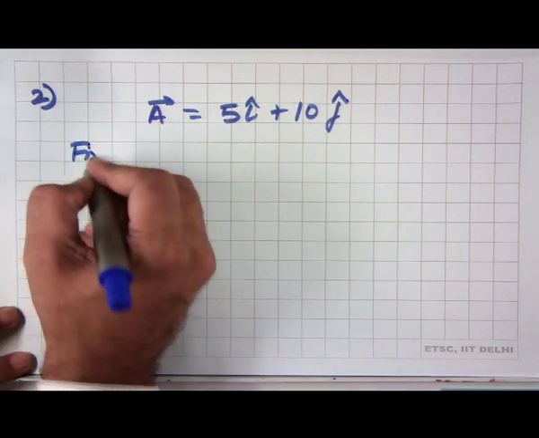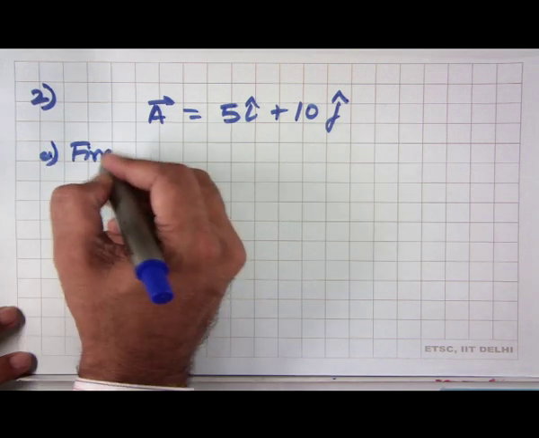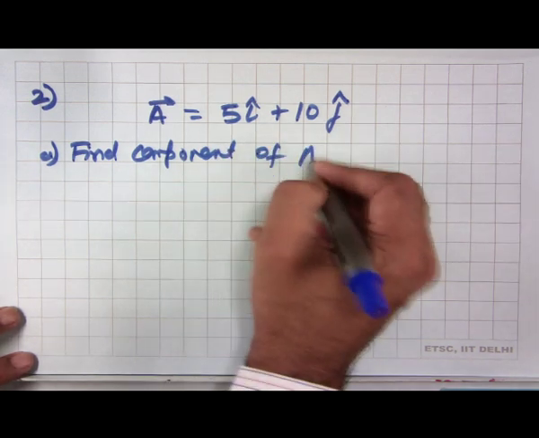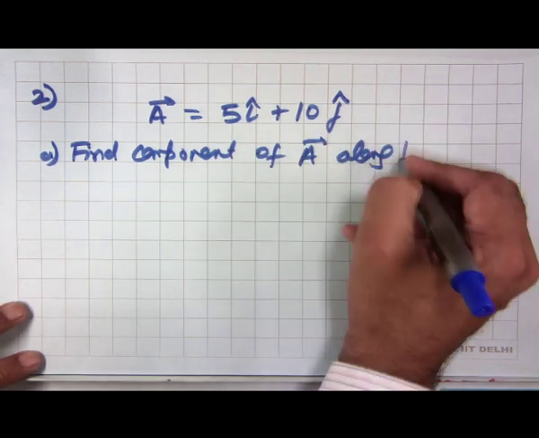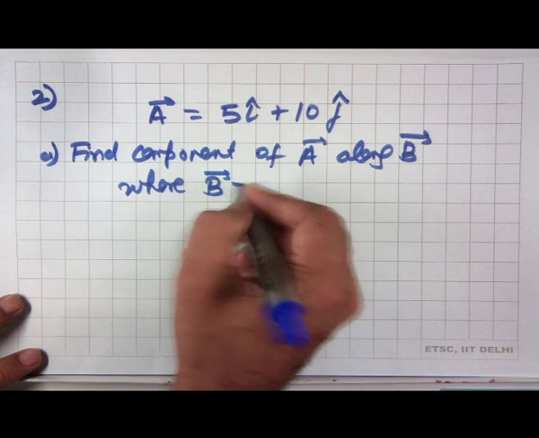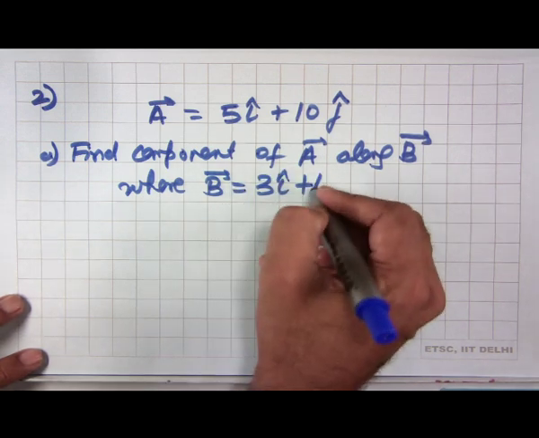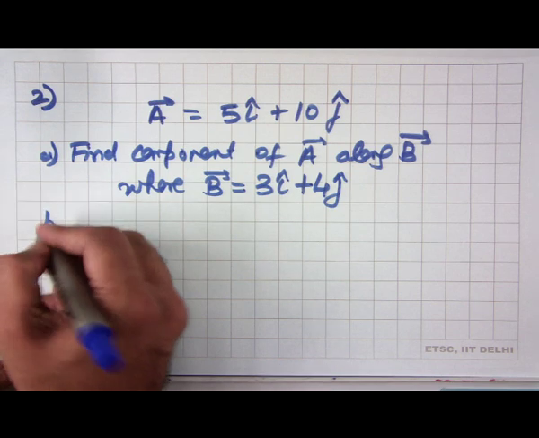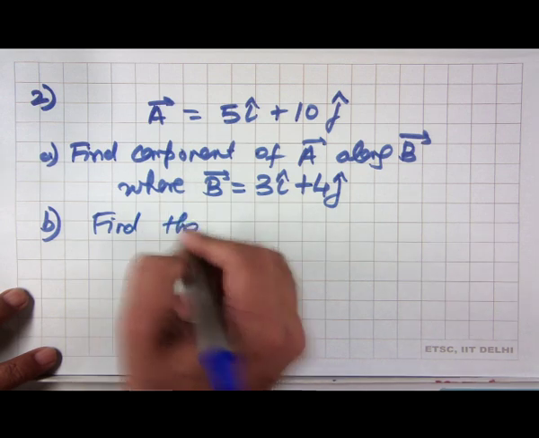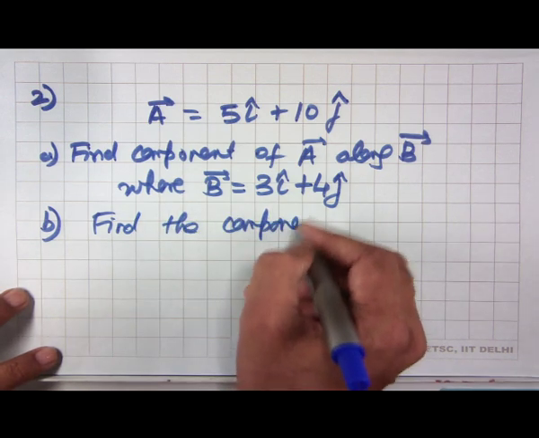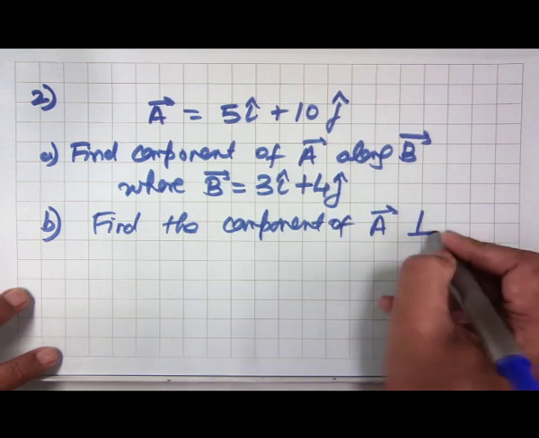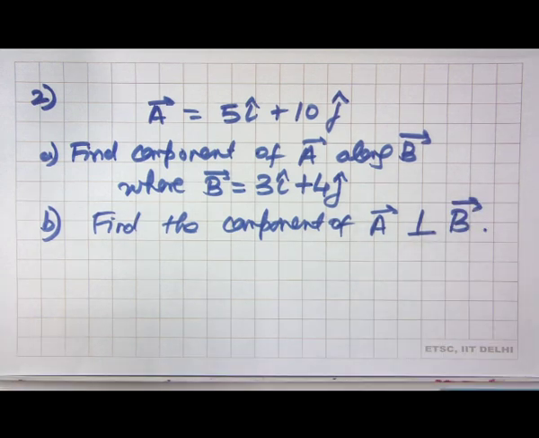Find the component of A along vector B, where B is equal to 3i plus 4j, and the second part says: find the component of A perpendicular to the vector B.